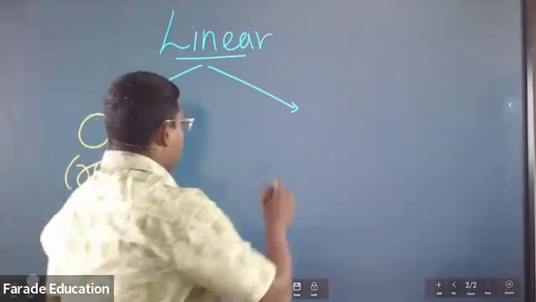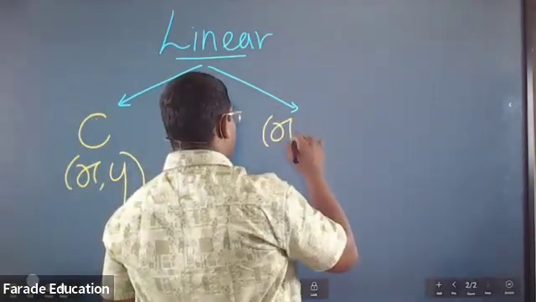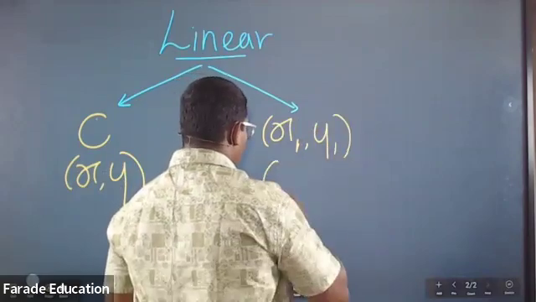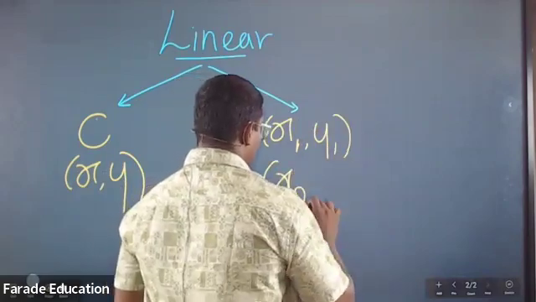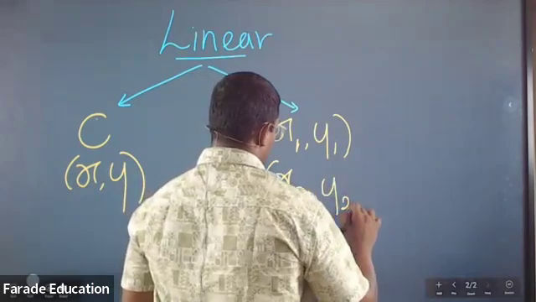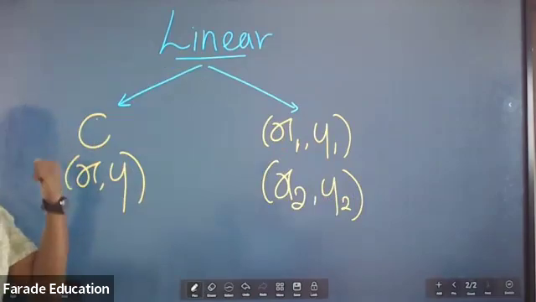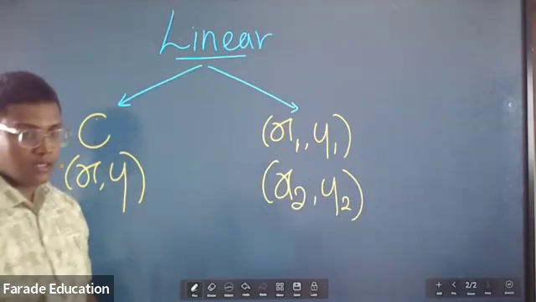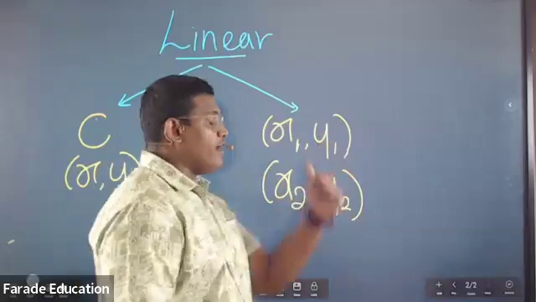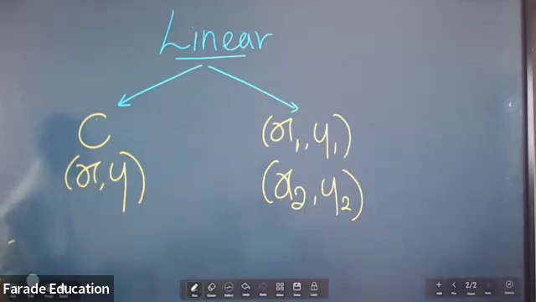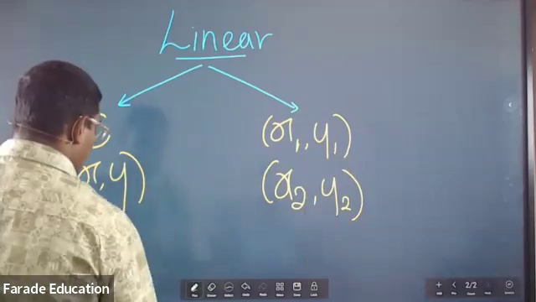The second type is when 2 points are given. How do you find the equation? The first type is when an intercept and a point is given, how do you find the equation? The second type is when two points are given on a linear or a Cartesian plane, how do you find the equation of the graph?